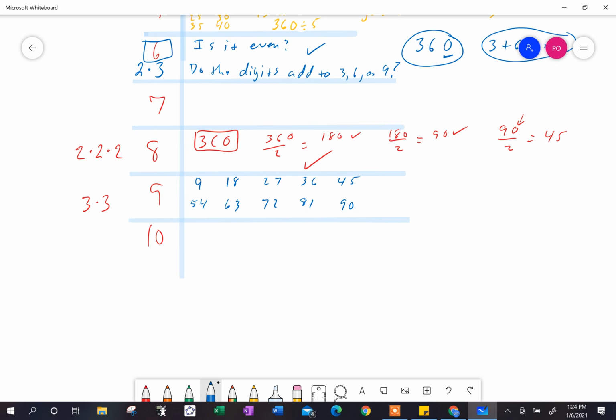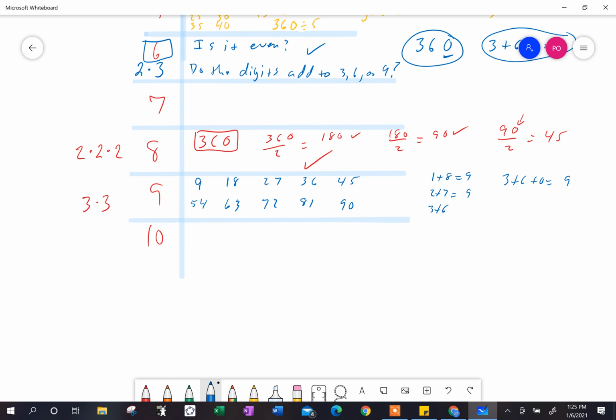If I use the same rule as for 3, you would say they have to add up to 3, 6, or 9. But 9 is a little bit different. The only number it adds up to is 9. So 3 plus 6 plus 0 equals 9, and I can divide 360 by 9. Check.